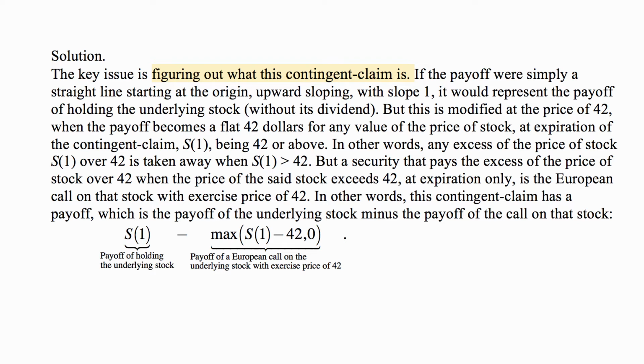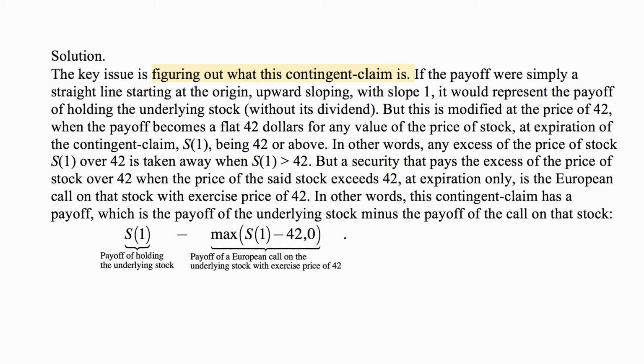And this represents the payoff at time 1 at exercise. So all the dividends in between, you don't get them. And this is modified at the price of 42, when the payoff becomes a flat $42 for any value of the price of the stock at expiration of the contingent claim.